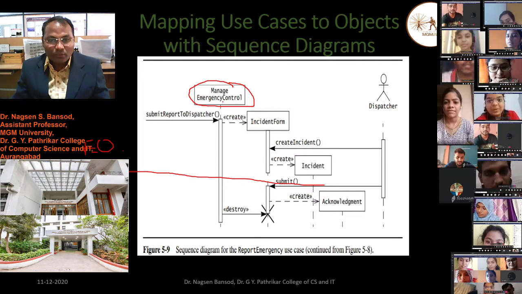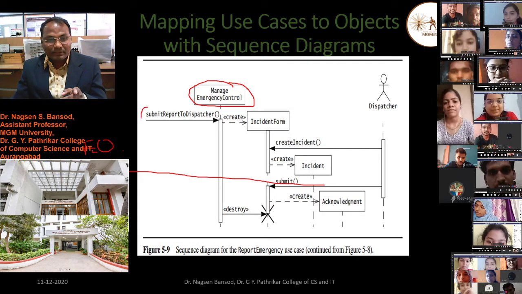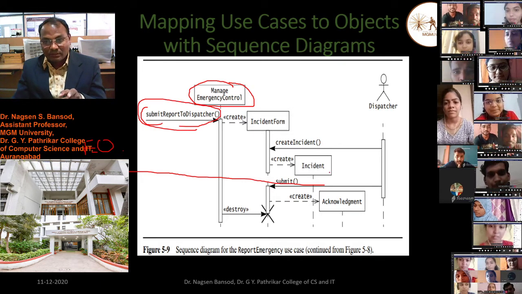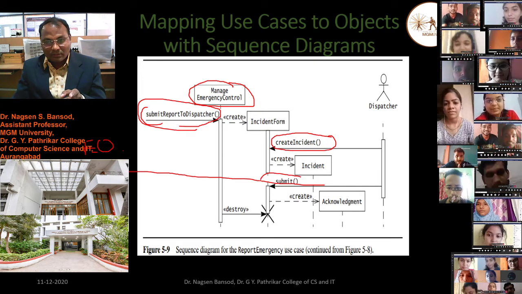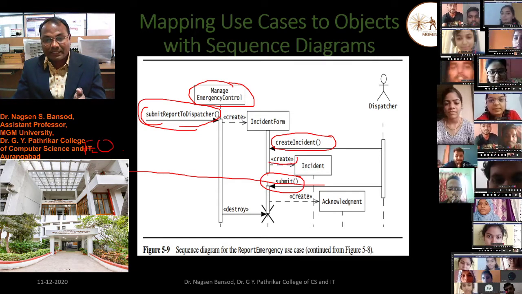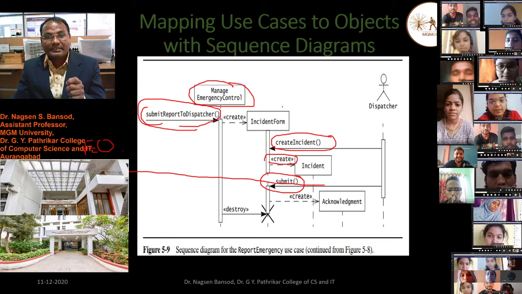This is the control, meaning the button of the form, and this is a use case. This is also a use case. This is the control, submit, and this create message is an extend use case.